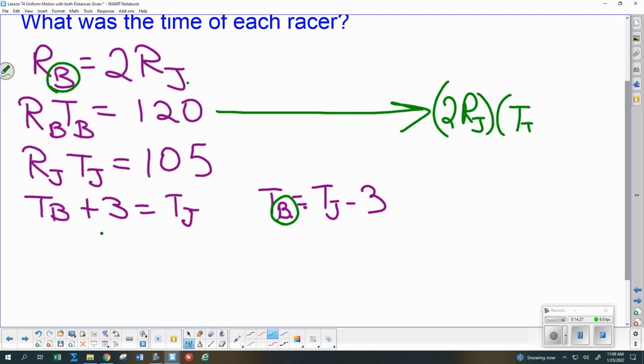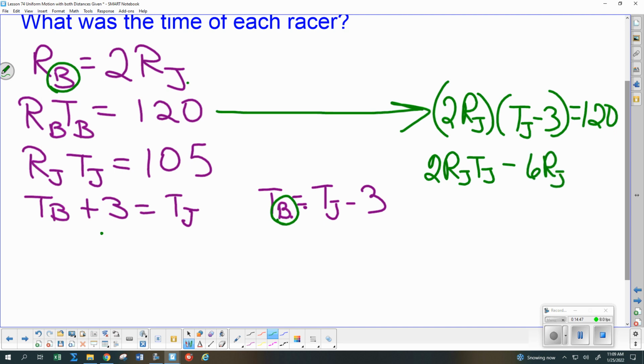So then I put in the TJ - 3 right here equals 120. So let's distribute again. 2RJ times TJ is 2RJ TJ minus 2RJ times the 3, minus 6RJ, equals 120.